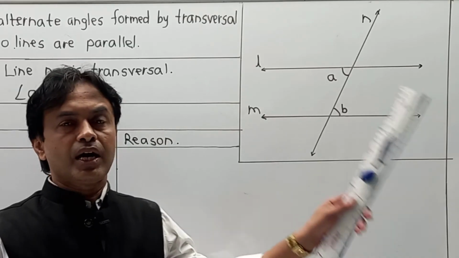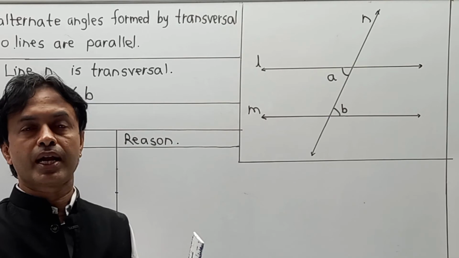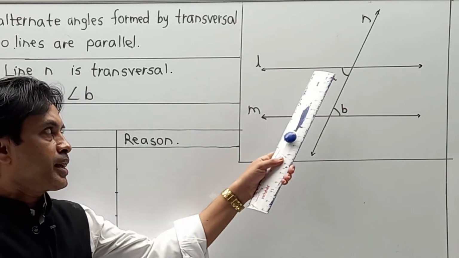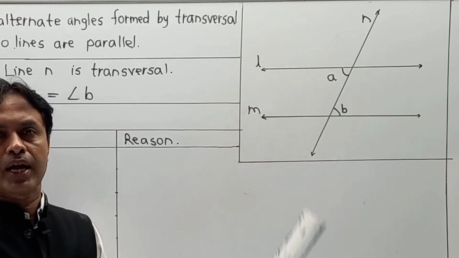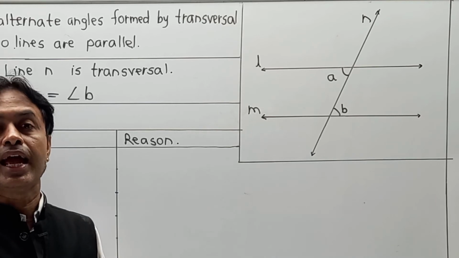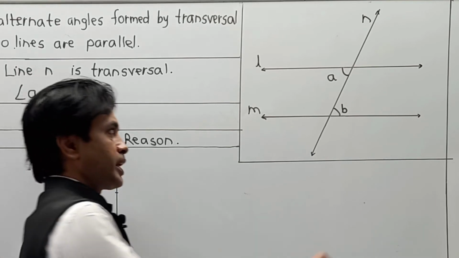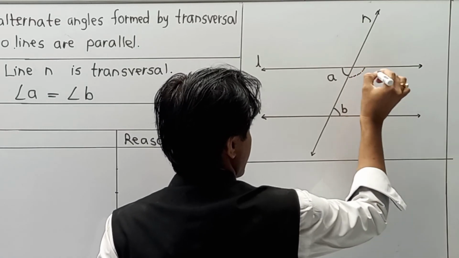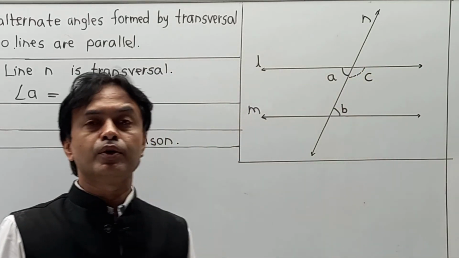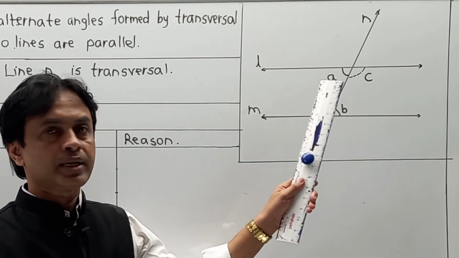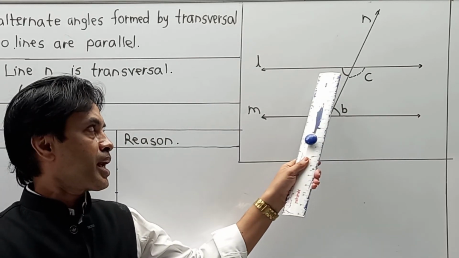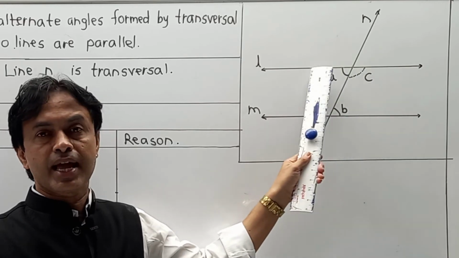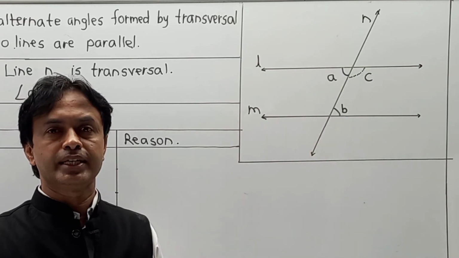Now please pay attention to how we are going to complete the proof. One by one try to understand. Here they have already given us angle A equal to angle B, and in that case we are taking one additional angle and the name of that angle is angle C. First of all, we know that angle A plus angle C is 180 degrees.